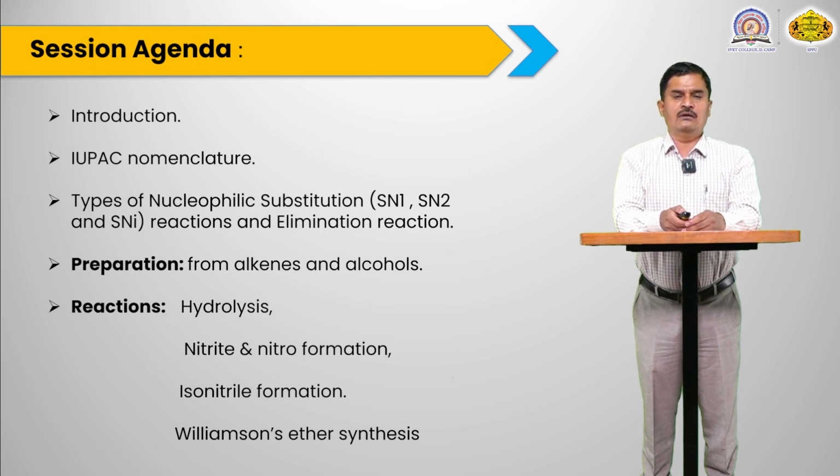When electron rich species react with alkyl halides there is a displacement reaction, meaning a substitution reaction takes place. So alkyl halides undergo different types of reactions. In today's lecture we discuss the introduction, nomenclature, and then the preparation of alkyl halides.